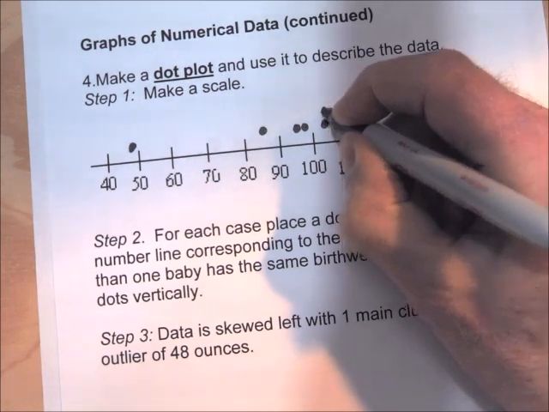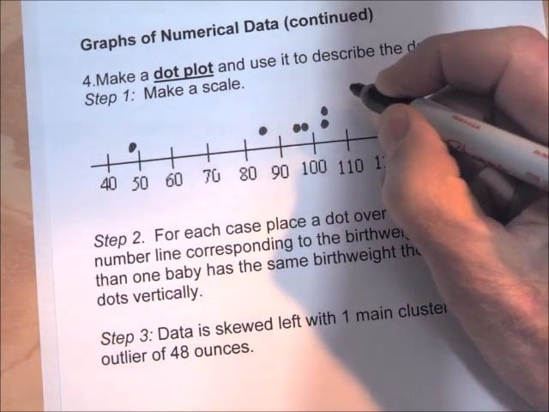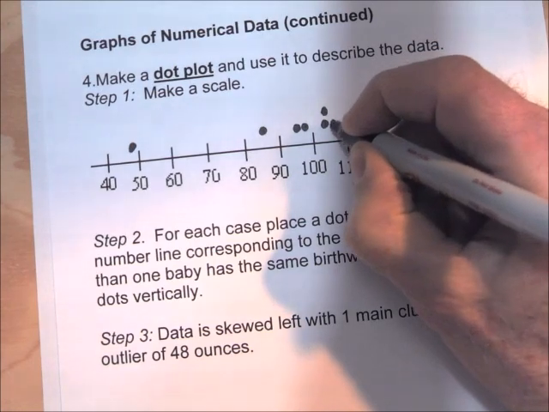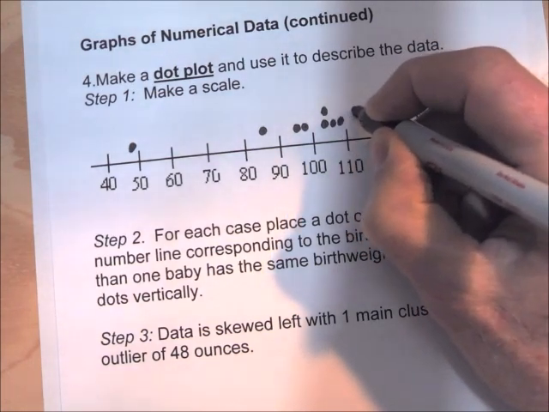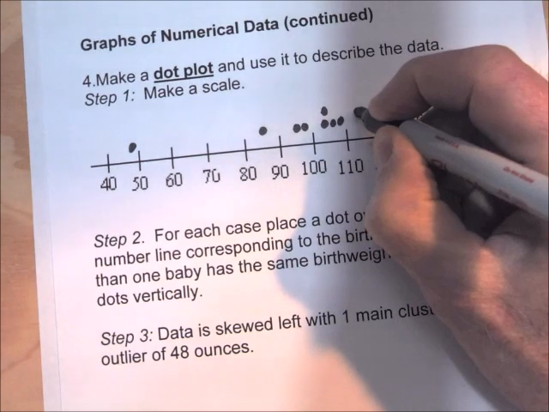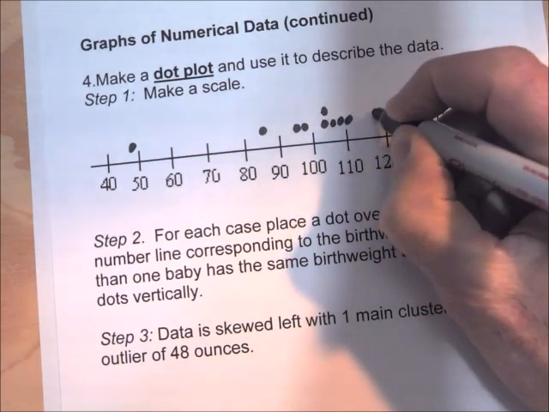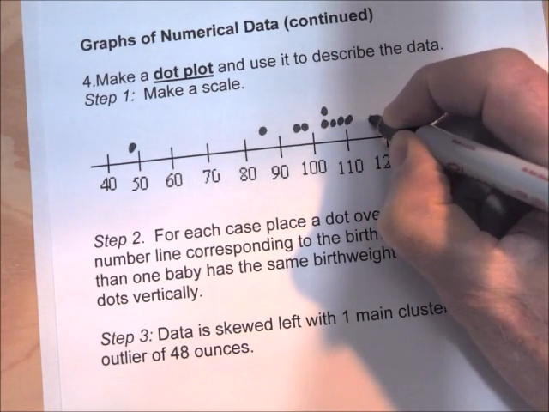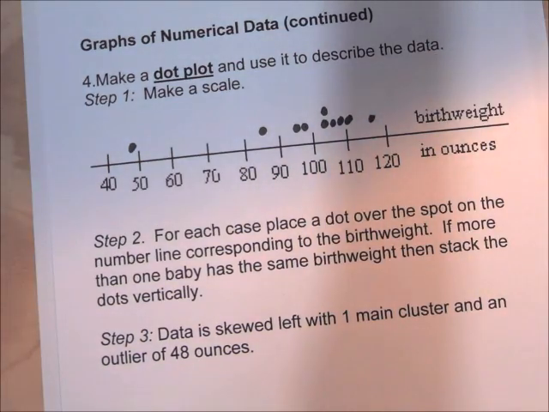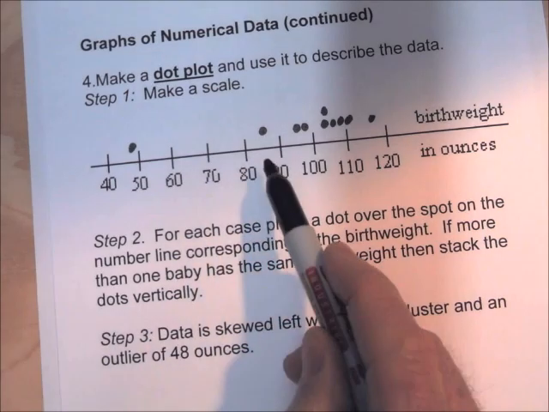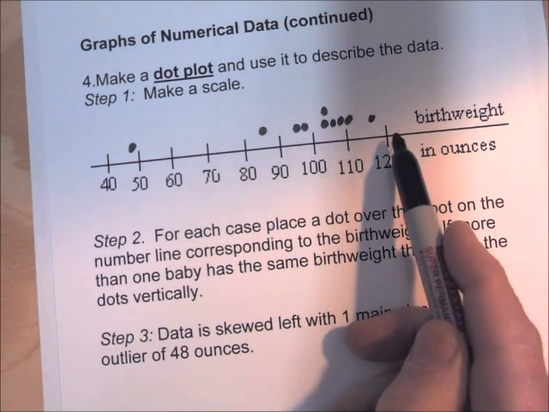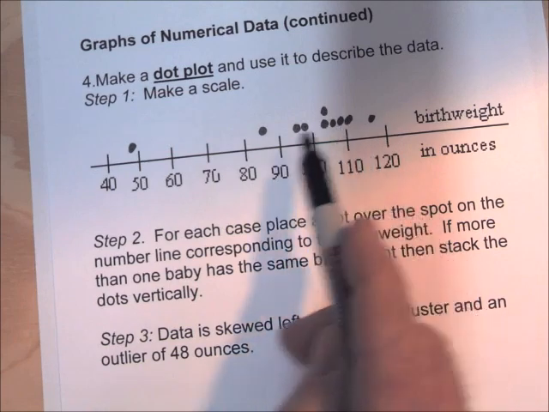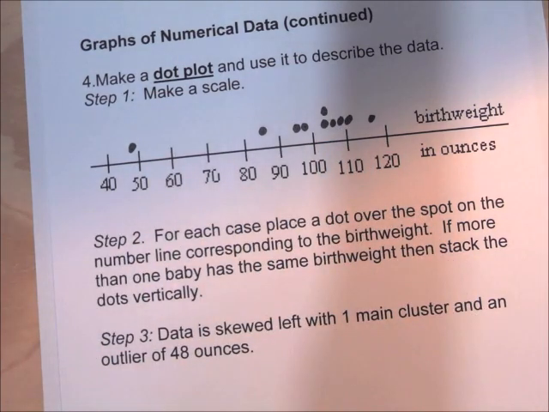When you have duplicates, then you stack the dots. 104, 106, 110, and 117. So again, we have one main cluster here. It's from the mid 80s to between 110 and 120. That's where most of the dots are, and then we have this one outlier. So again, it's skewed left with an outlier of 48 ounces.